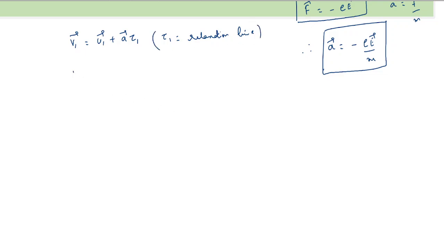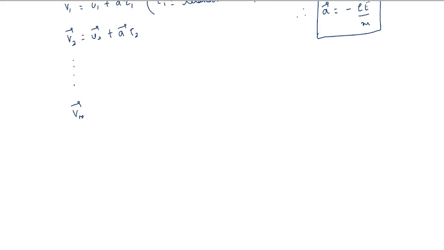Similarly, v2 is equal to u2 plus a into tau 2, where tau 2 is the relaxation time for electron 2. In the same way, for the nth electron, vn is equal to un plus a into tau n.